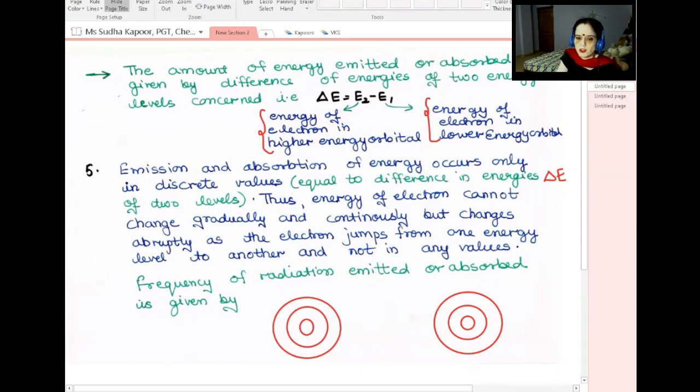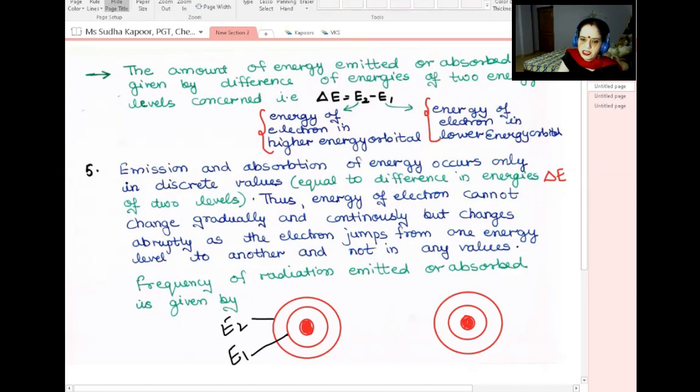It can even be shown as a diagram. Let us take this as the nucleus part, and in both the diagrams I am placing the nucleus at the center, the heavy part. Now this is E1 and the higher energy level is represented as E2.